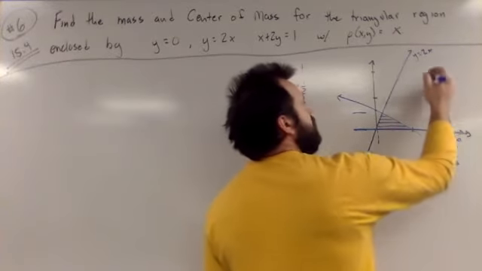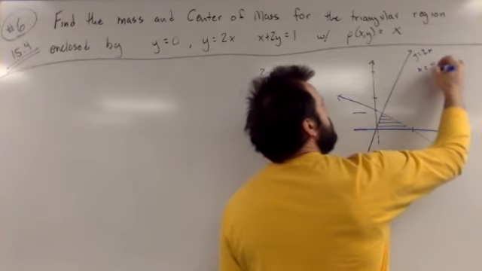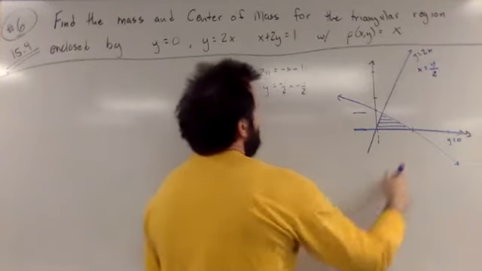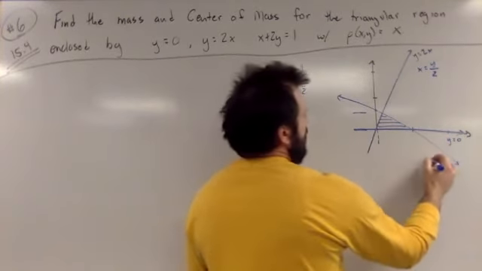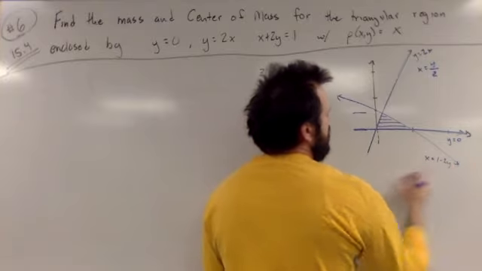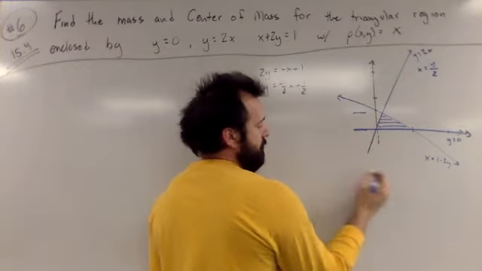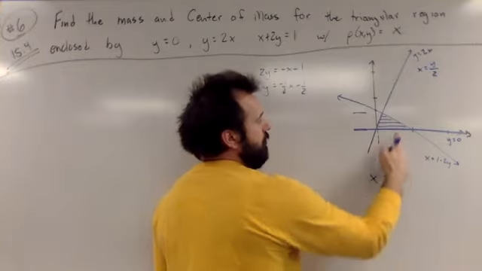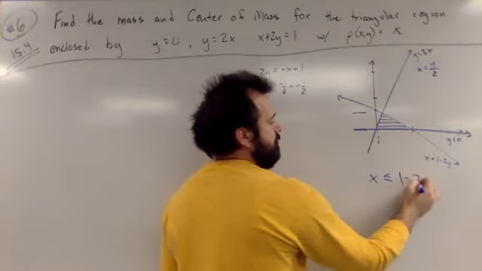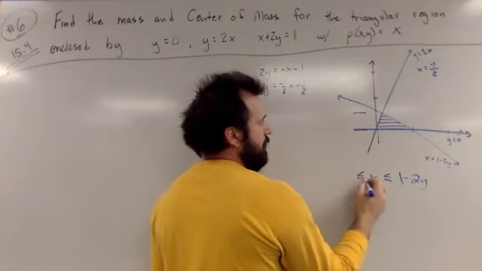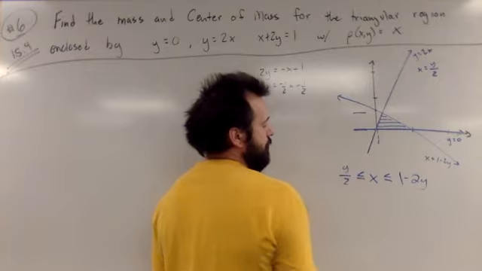I'm going to rewrite these so I have x equals: it's going to be y over 2. This line here is going to be x equals 1 minus 2y. So my x values, when I'm looking at my region, are going to be less than this, but greater than this.